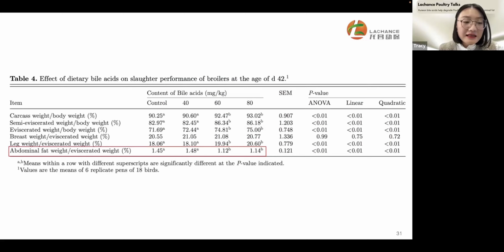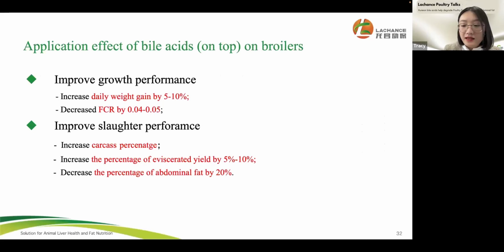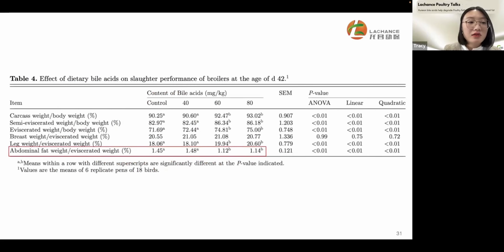You can see that the abdominal fat percentage after using bile acids was decreased from 1.45 to 1.12 to 1.14. So this means that bile acids can help broilers to reduce their abdominal fat percentage. All of these articles are available online. If you are interested, just search through Google.